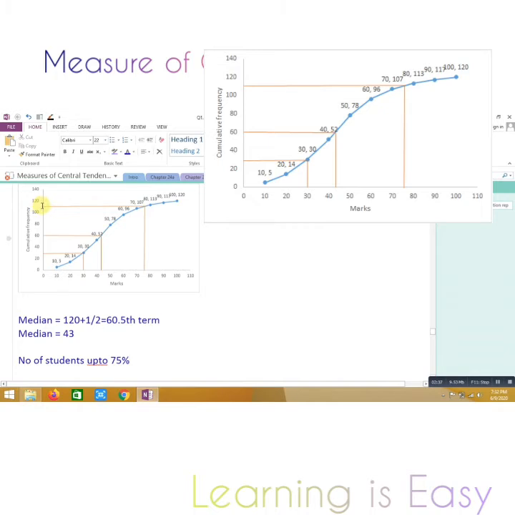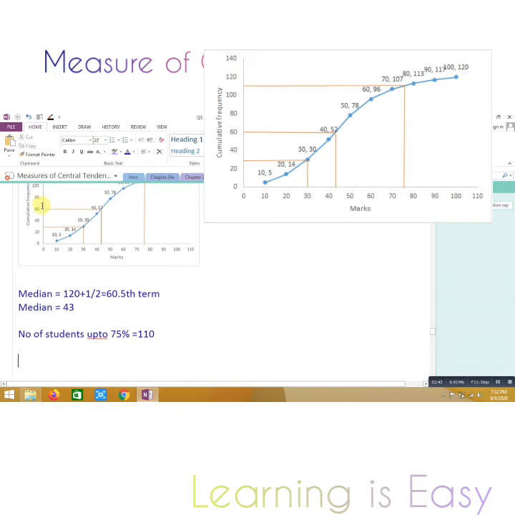So that is up to 75%. That shows the value. That's 110. So total is 120. Fine. Greater than 75% is 120 minus 110. That's 10 students fetched greater than 75%.